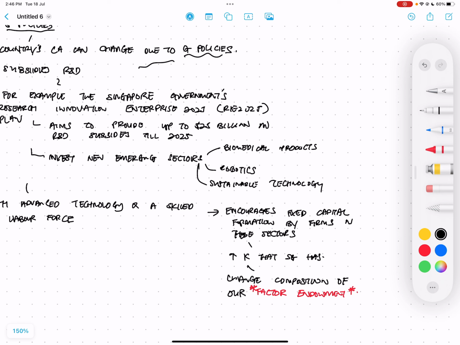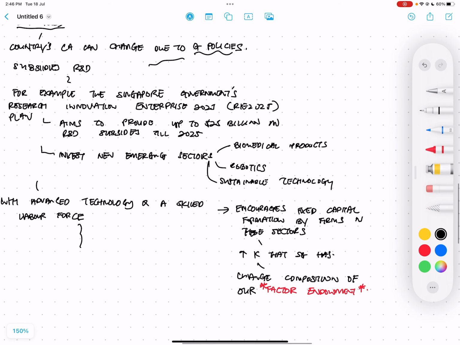The other one is that if you invest in advanced technology and skilled labor force in these particular sectors, then you're likely to see productivity increases in these sectors. And so if productivity rises faster than the increase in cost, then you're supposed to have a decrease in unit cost of production.